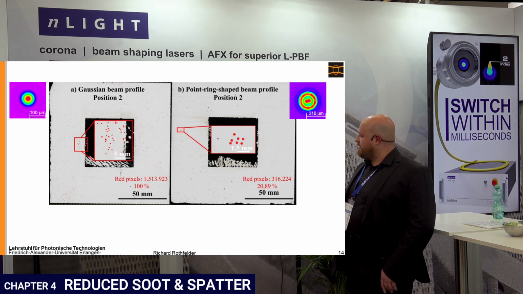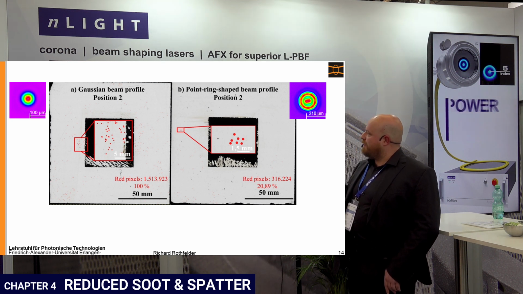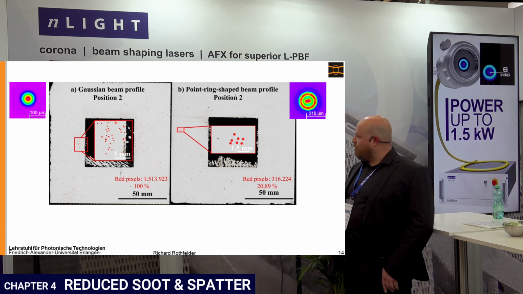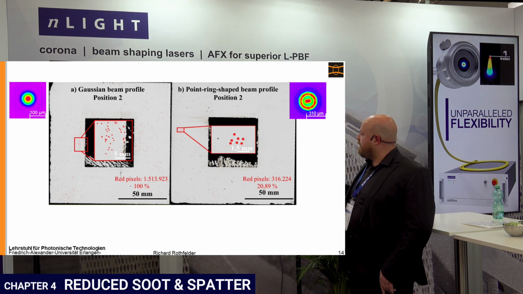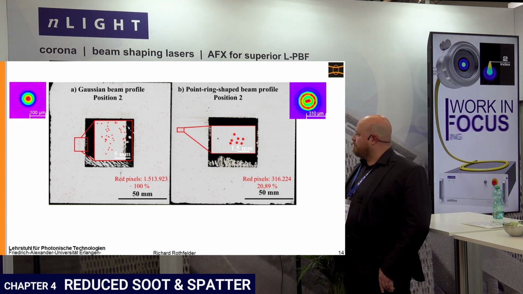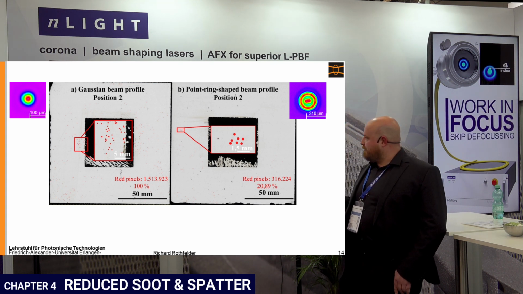Here we really see a strong difference. When you see on the Gaussian area, we have particles everywhere over the place. And in comparison, when we look at the ring-shaped beam profile, we see that this dropped to nearly 21% of this.